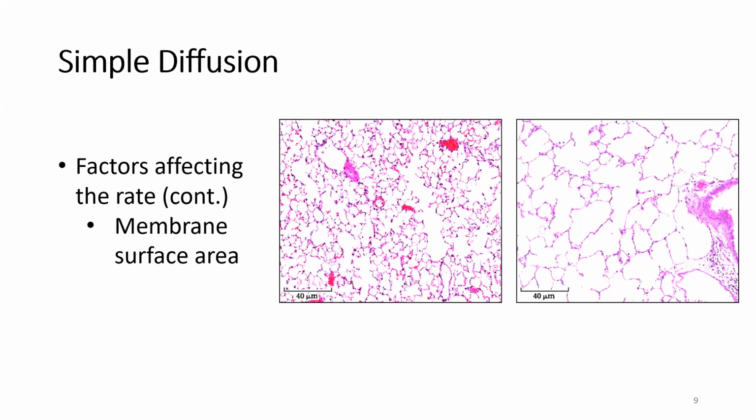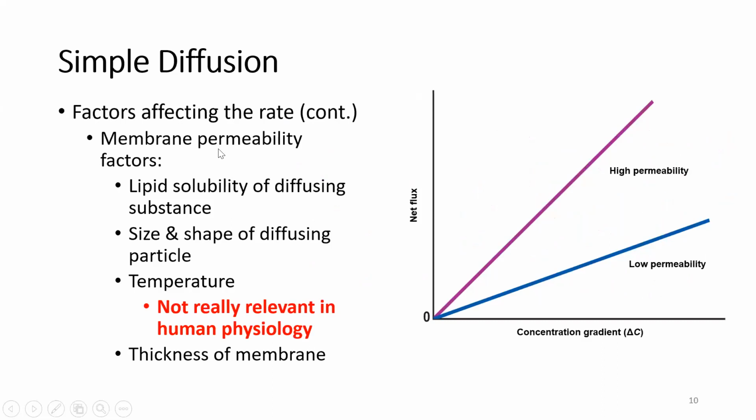And so that happens because we've lost some of the surface area for that gas exchange to take place. So more surface area equals more exchange, faster rate of exchange. Less surface area equals a slower rate of exchange, which can become detrimental in some of our exchange surfaces in the body. Okay, and then the third factor is the membrane permeability.